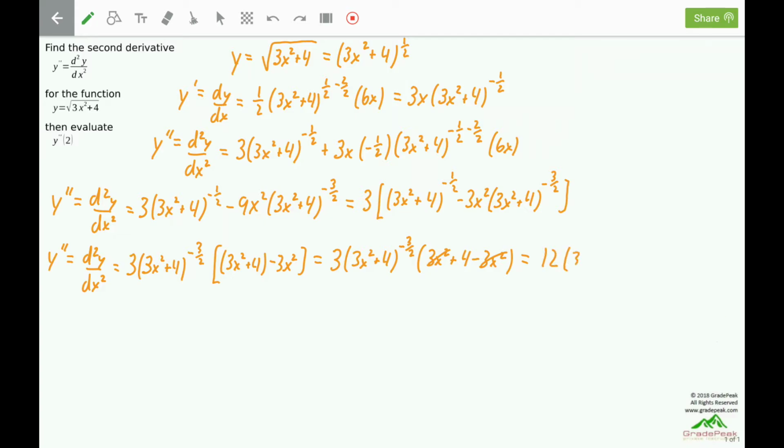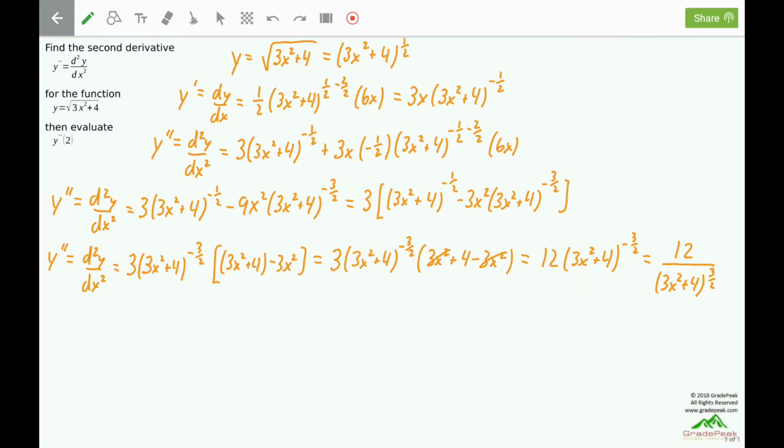So we have 12 times 3x squared plus 4 to the negative 3/2. At this point, we can move that negative exponent to the denominator and call it a positive exponent. And we will have 12 divided by 3x squared plus 4 to the positive 3/2.